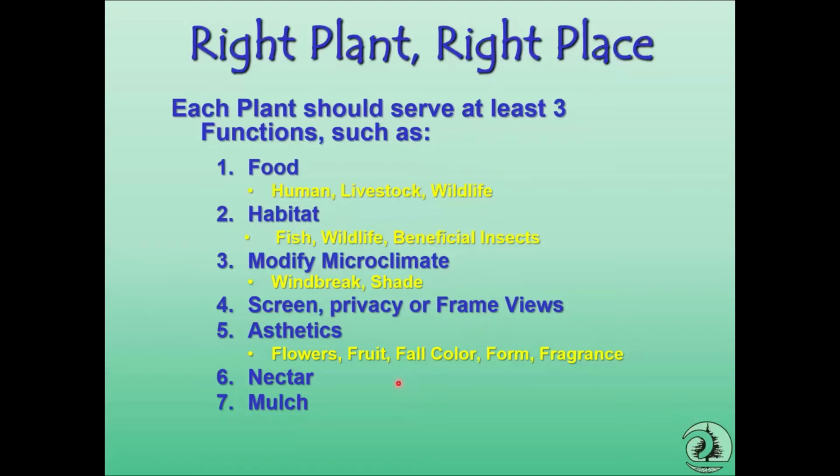A lot of people run out to the nurseries and start buying plants first without really giving it a lot of thought. And nectar, you want to get nectar-providing flowers.